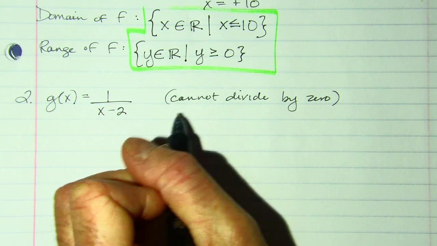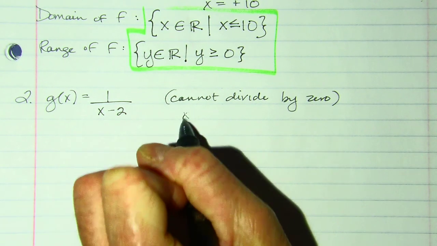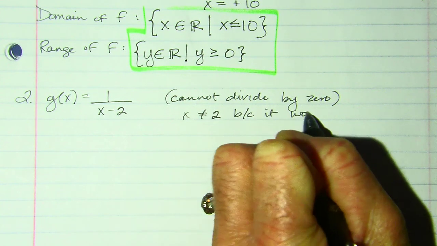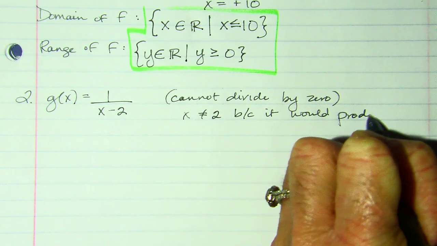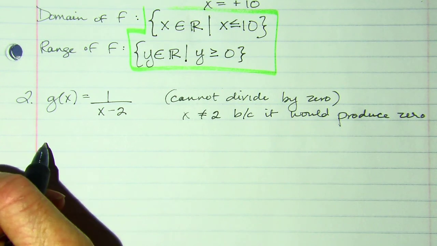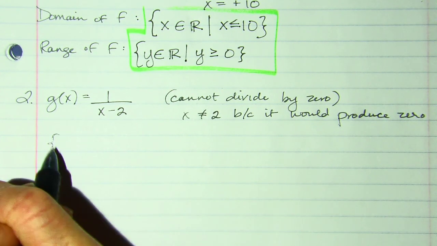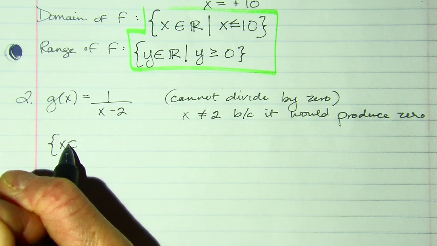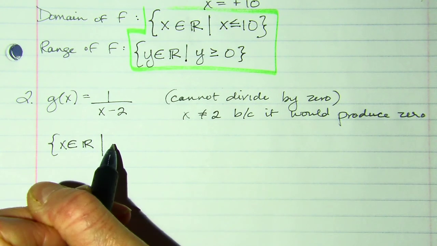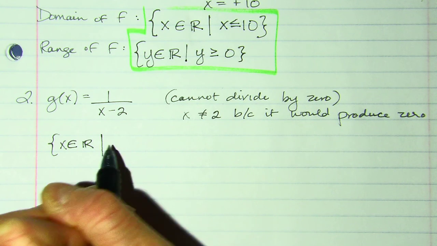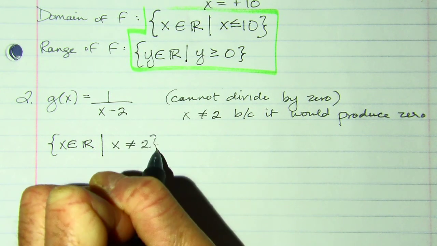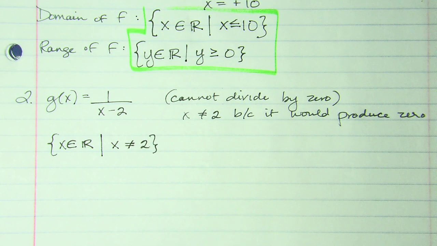Well, x cannot equal 2 because it would produce 0. Okay, so when I go to write the domain, x is the set of all real numbers, but I'm limiting it to the value it cannot equal. And in this case, x cannot equal 2 because 2 would produce a 0.